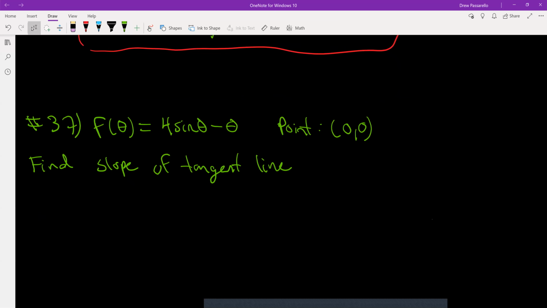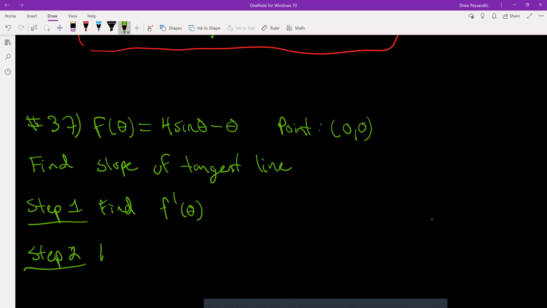All right, and basically it's broken up into 2 steps. I find the derivative, so that's the first thing I do. Step 1 is find f prime of theta, and the second step is to find the slope m, which is equal to f prime, and you plug in the x coordinate, or since our function is dealing with theta, theta in the place for x.